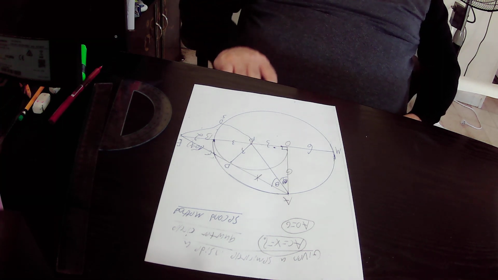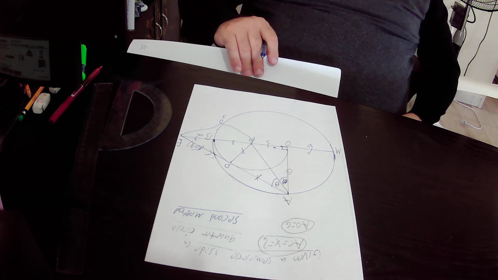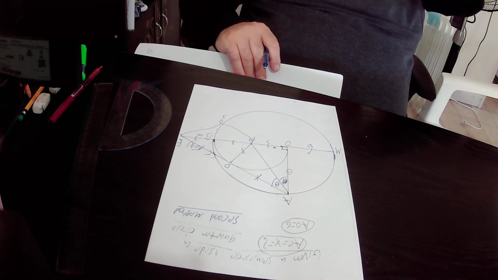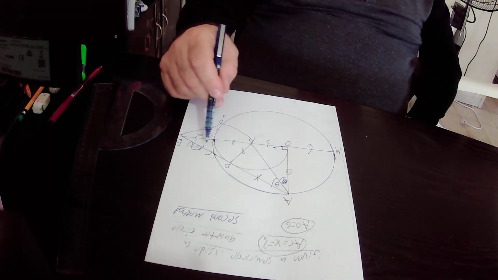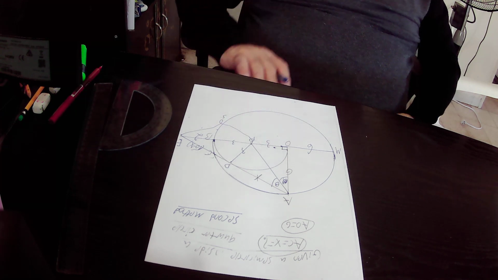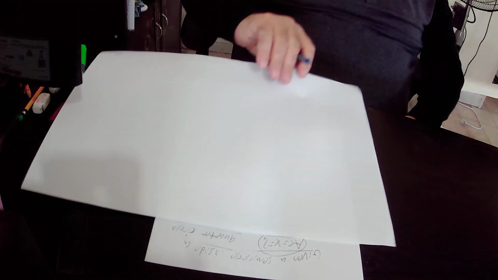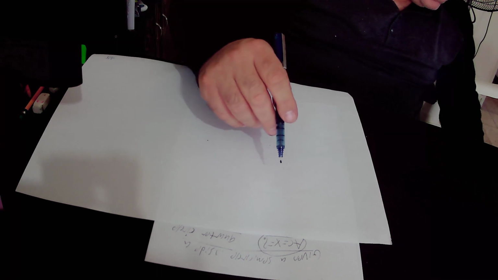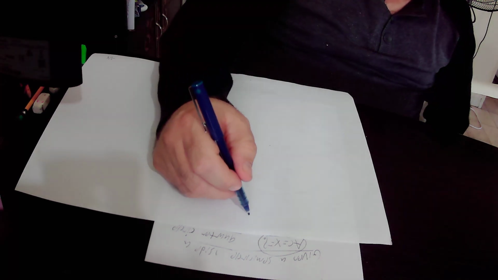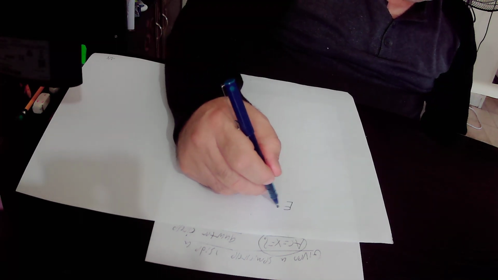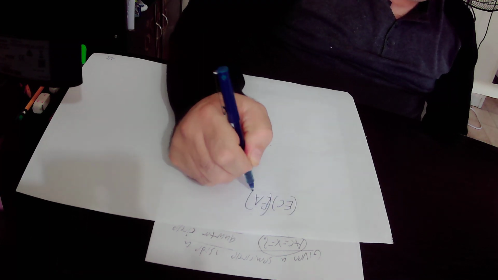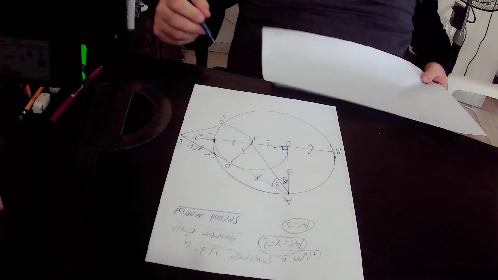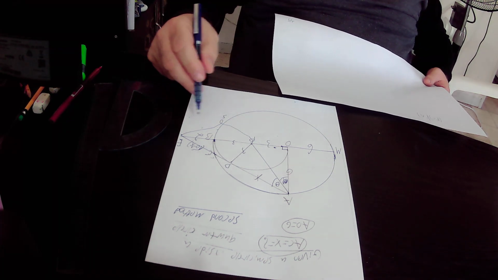So according to the new rule that I presented to you, here we will get that EC times EA equals EB times EM.